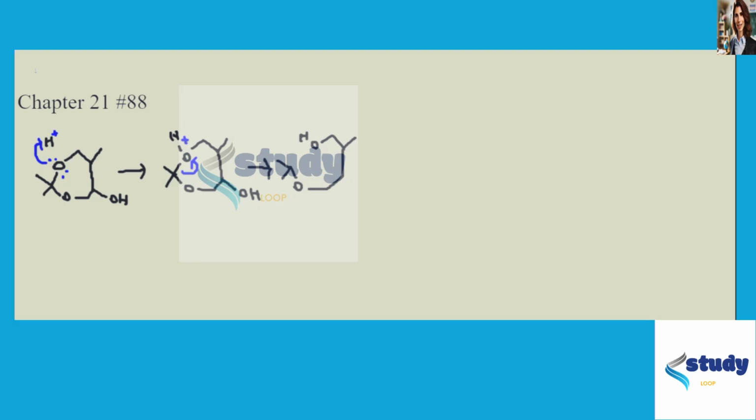So there's a positive charge, a carbocation on this formerly acetal carbon now. And then we have another hydroxy group here. This hydroxy group, of course, has its own lone pairs, and one of them is going to attack that carbocation, changing the orientation around a little bit.